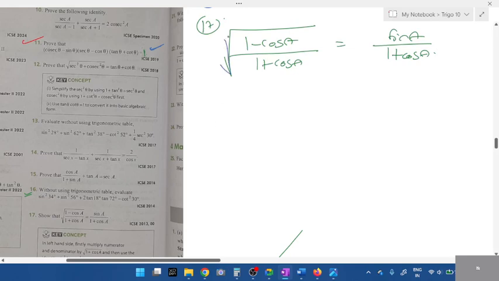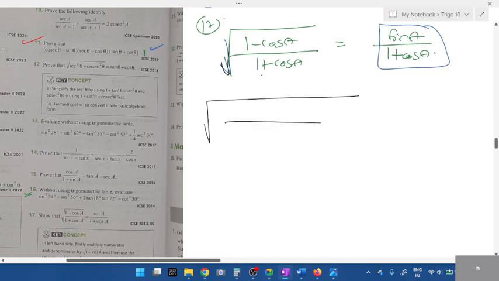Look here, whenever square root is given, on the right hand side we have with square root or without square root. So we have to eliminate the square root, right? Directly you can't just remove the square root. So keep the square root as it is.